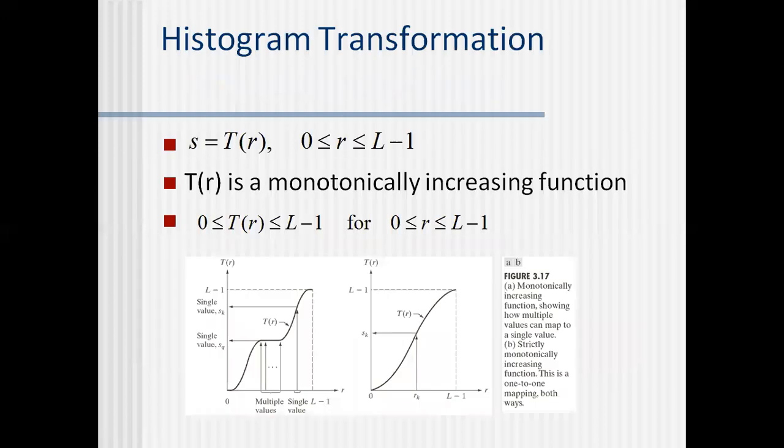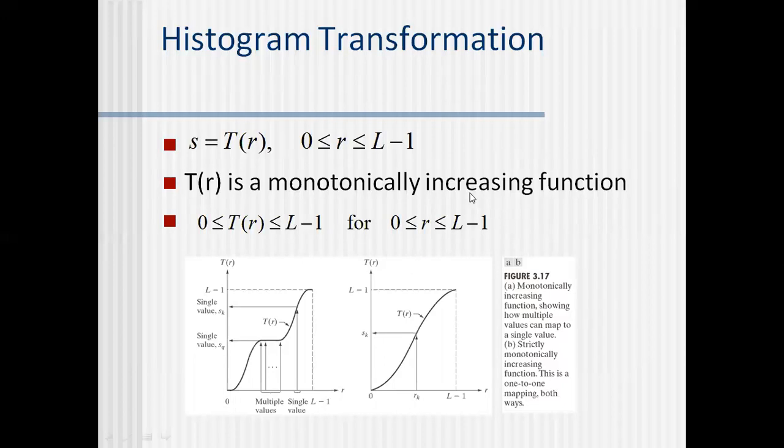Next, histogram transformation. Earlier we had a discussion about gray level transformation. For every transformation technique, it may be spatial domain or frequency domain, it may be discrete cosine transformation or discrete Fourier transformation or fast Fourier transformation.